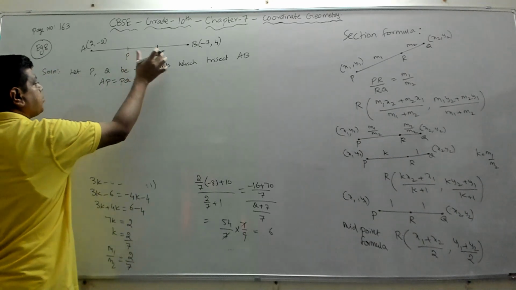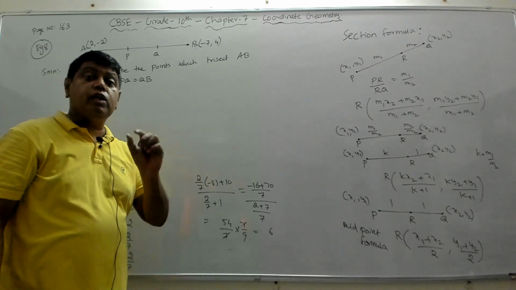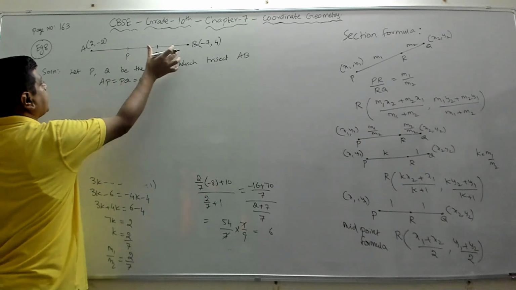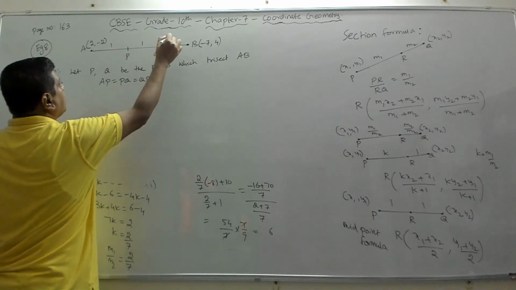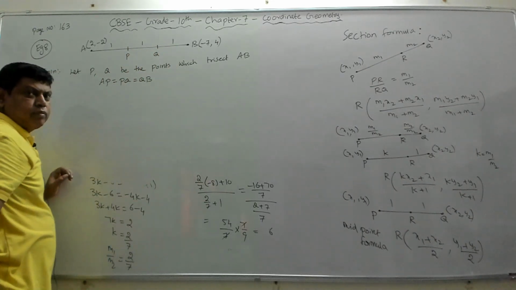The lengths are the same. That is the meaning of trisect. Trisect means not just cutting into 3 pieces, but cutting into 3 equal pieces. So if you take the full ratio, it will be 1:1:1. All are the same length.